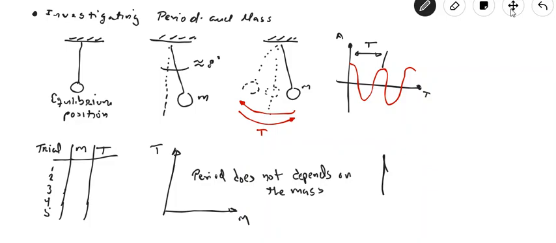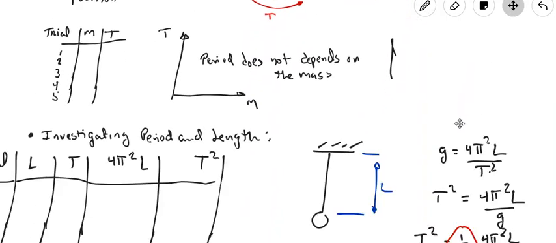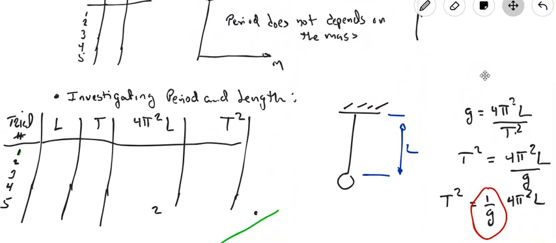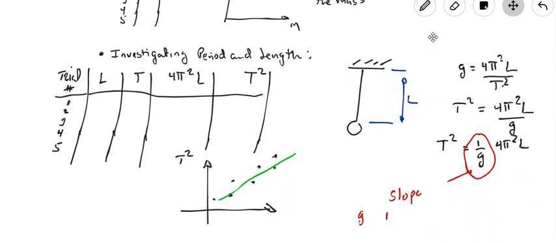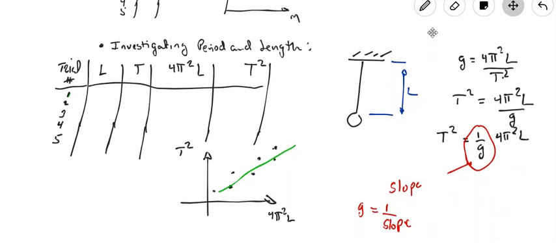The second part of the experiment is an investigation about period and length, right? We're going to investigate the period versus the length of the pendulum. The length of the pendulum is basically the length of the string.